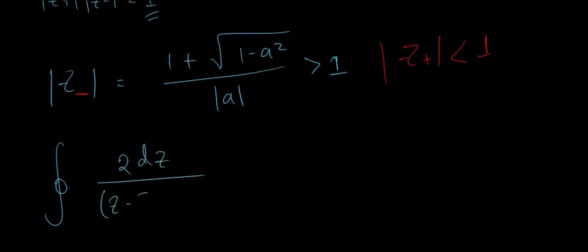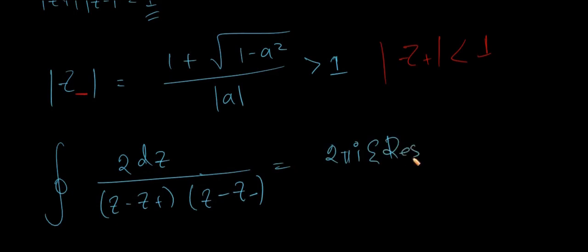Let's say this is z minus z plus and z minus thing, yeah, and this is just 2 pi i sum over the residues. But since there is only one pole, this will be just the residue. So let me get rid of this summation sign, and this residue is located at the point z plus.